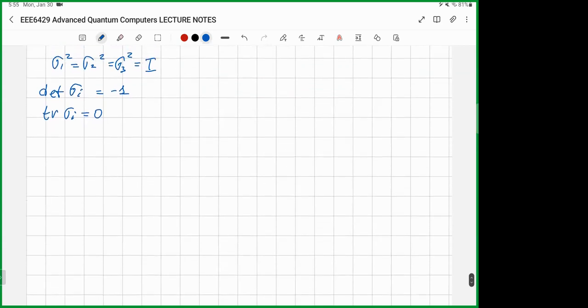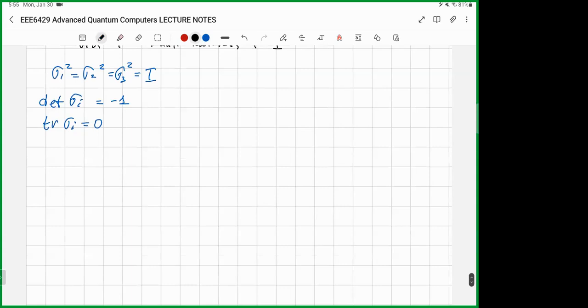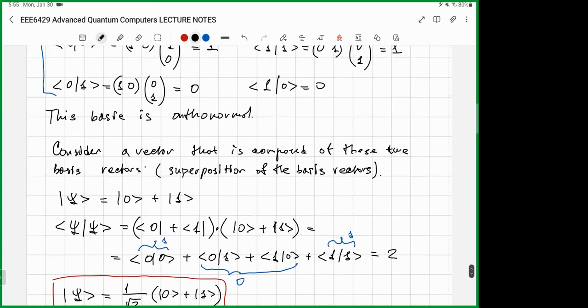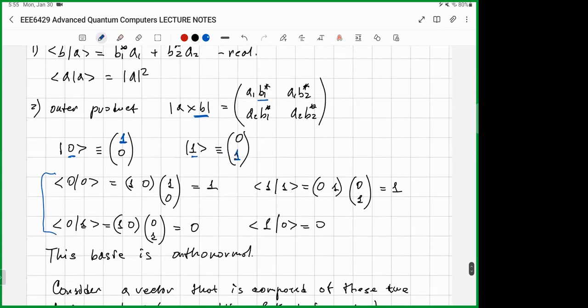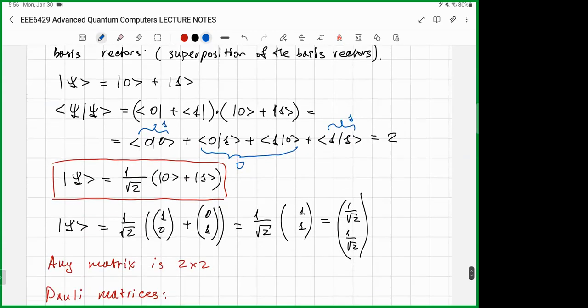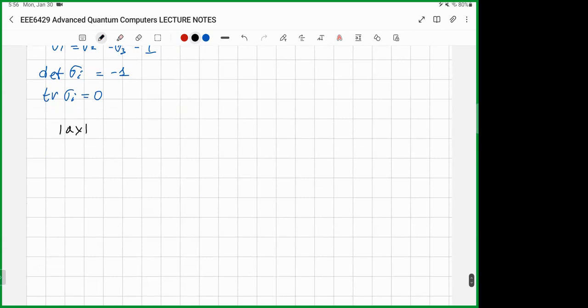Okay, and as I said, any operator in this two-dimensional space can be represented like this. And now we can recall the outer product notation to represent this operator. This operator |A><B| is equal to what?